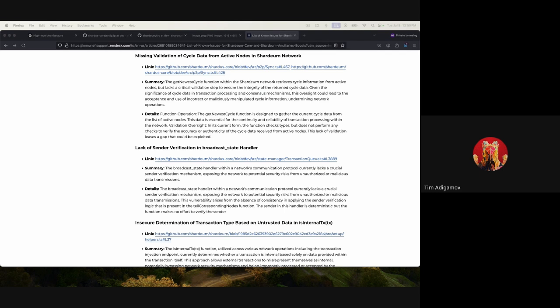Then the nodes can verify that the proposed cycle record for the next cycle, so the proposed network structure, is valid based on the transactions they received from other nodes. This is the solution for the GPU bug. Yeah.